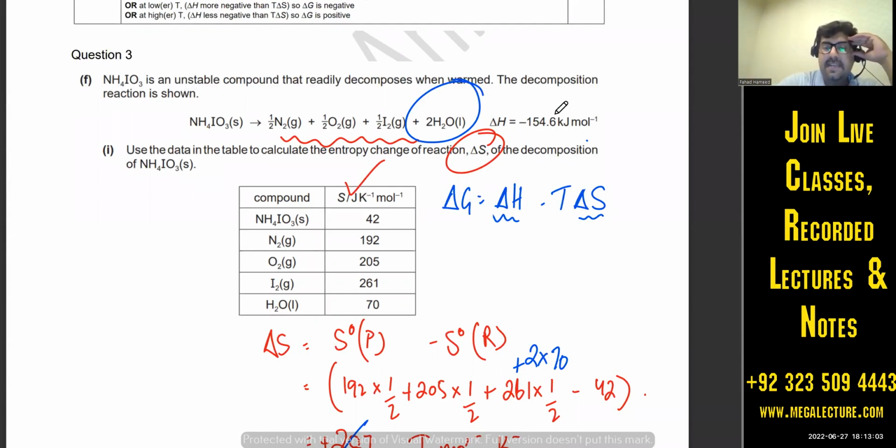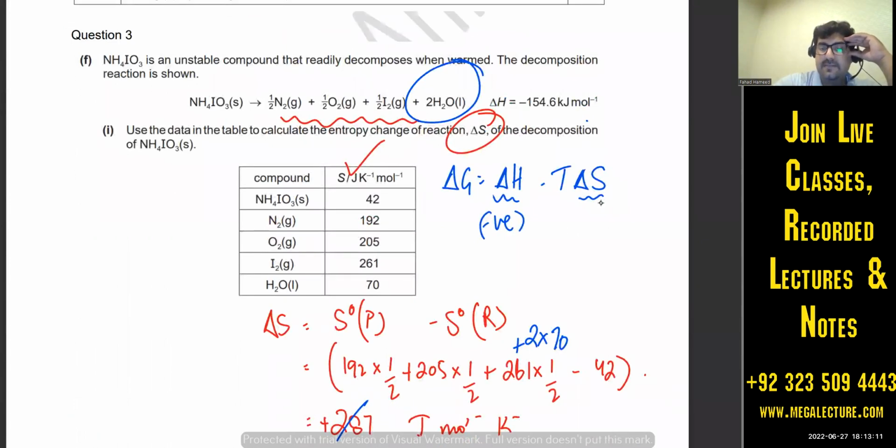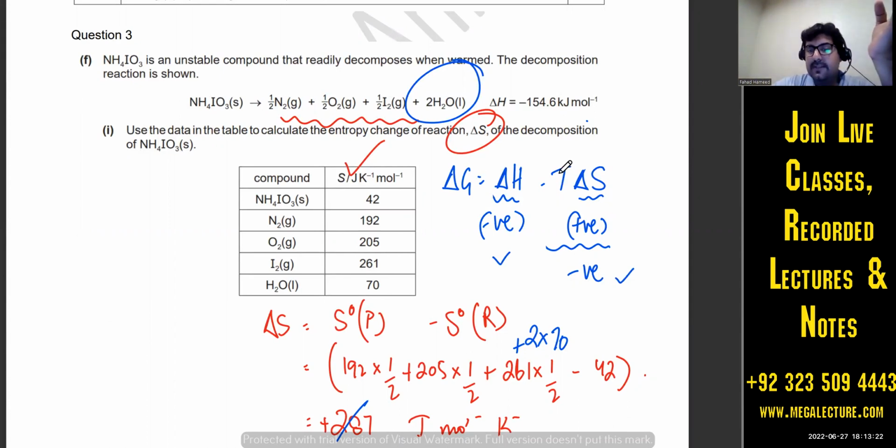So enthalpy change is negative, right? And entropy change, you just calculated, it gave you a positive value. So that means this side is positive, but it's got a negative sign. So that makes it a negative value, right? So both values are coming out to be negative. So the answer is that no matter what the temperature is, this term is negative and this term is also negative. So delta G would always come out to be negative.